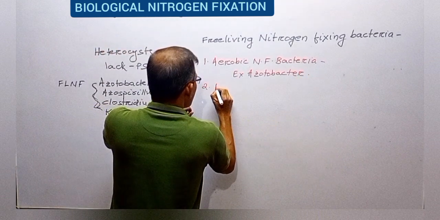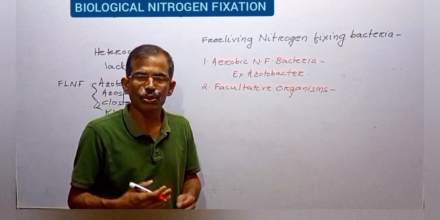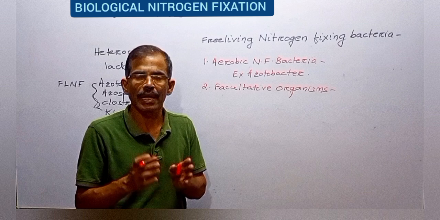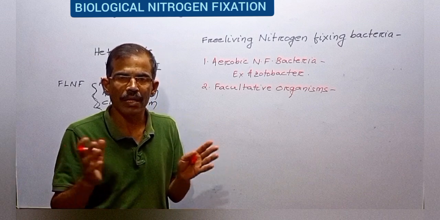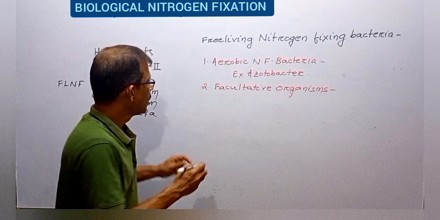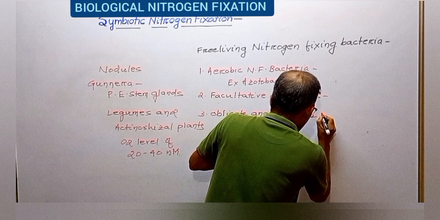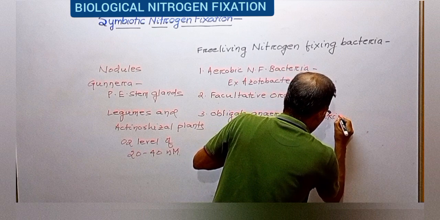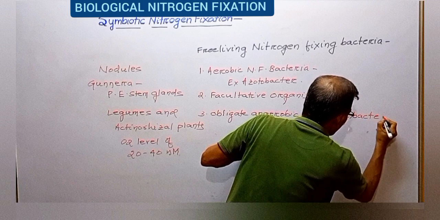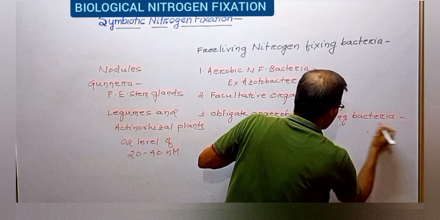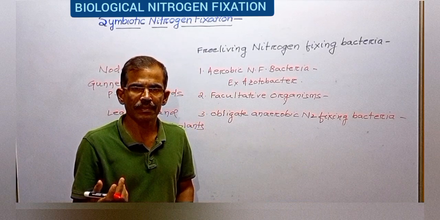Second one is facultative organisms. These bacteria, which grow under both aerobic and anaerobic conditions, can fix nitrogen only when the condition is anaerobic. Third one is obligate anaerobic nitrogen-fixing bacteria, which grow only under anaerobic conditions. These organisms can be photosynthetic or non-photosynthetic.